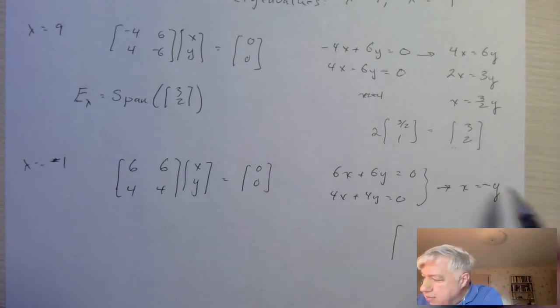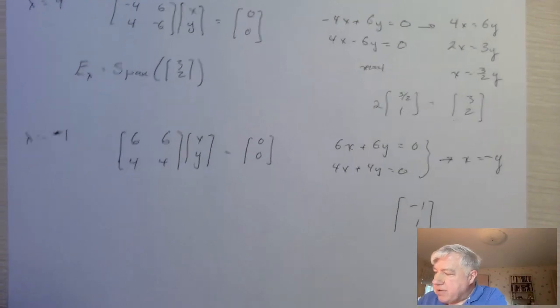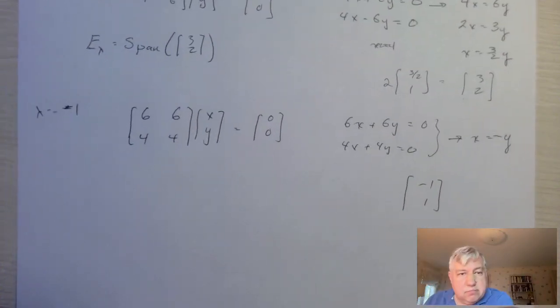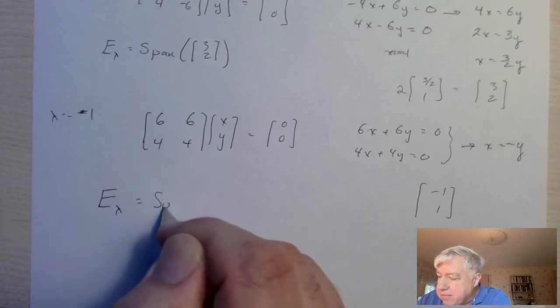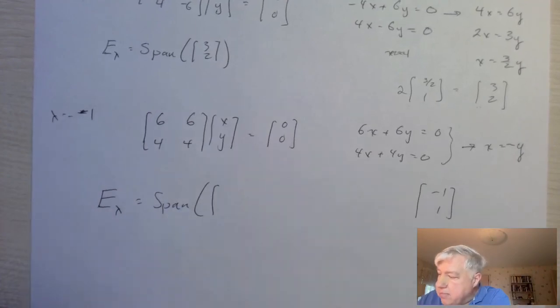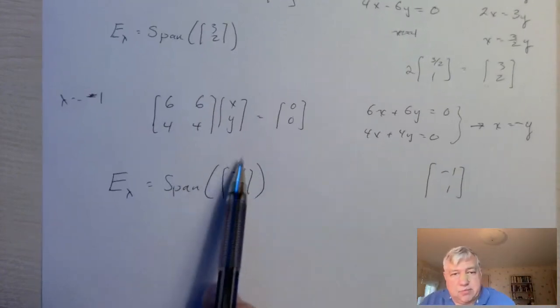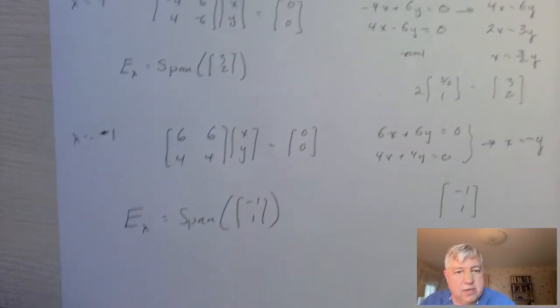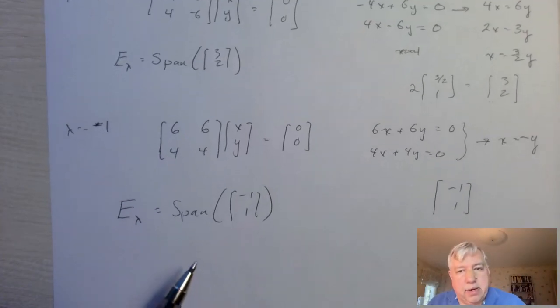So we can let y be anything we want. We can let it be 1. So -1, 1 is a perfectly good eigenvector. In this case, the eigenspace would be the span of -1, 1. You could also make this 1, -1. That's the same span.